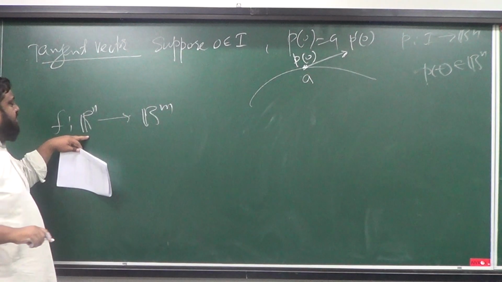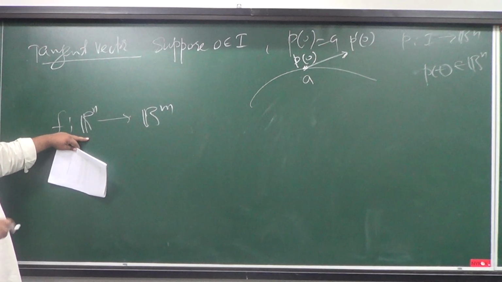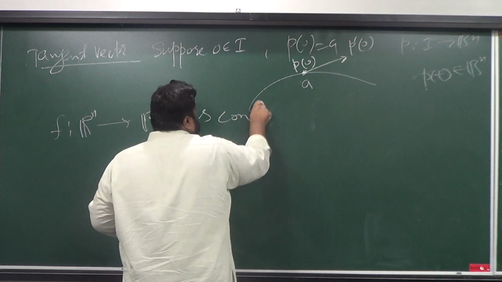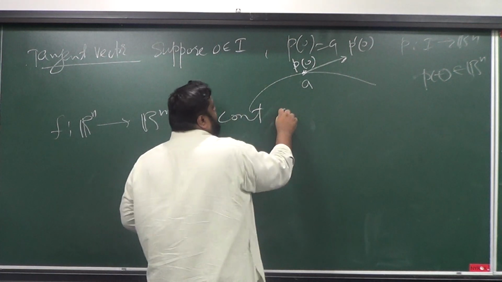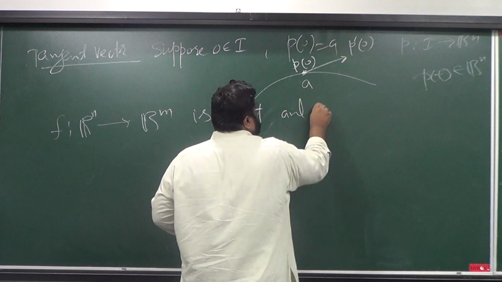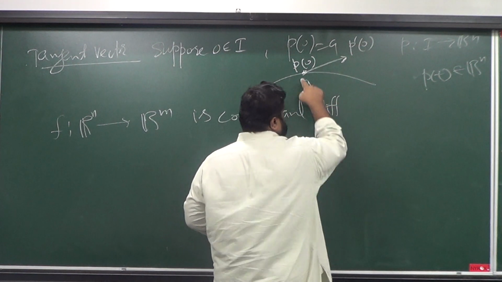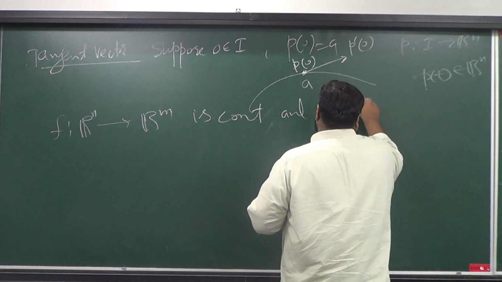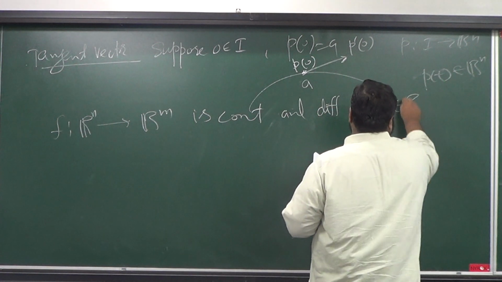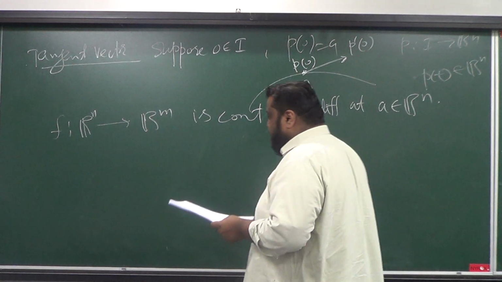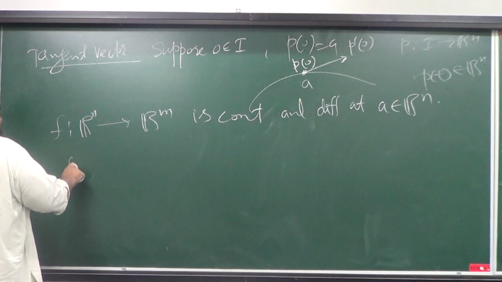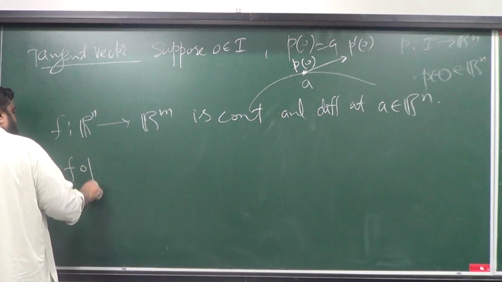So if f is a map from Rn to Rm, and assume f is continuous, and differentiable at least at this point, then what would be f composition p?